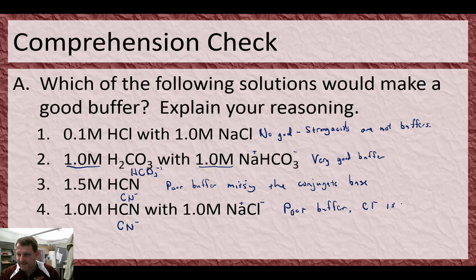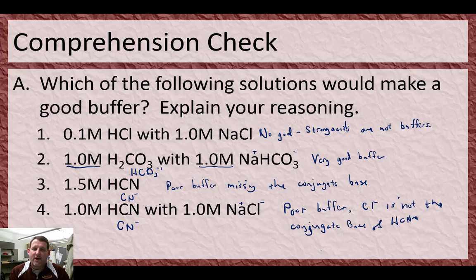Cl minus is not the conjugate base of HCN. And again, to get a good buffer, you need both the weak acid and the conjugate base. All right, so that does it for our discussion of buffers. I hope that was helpful.